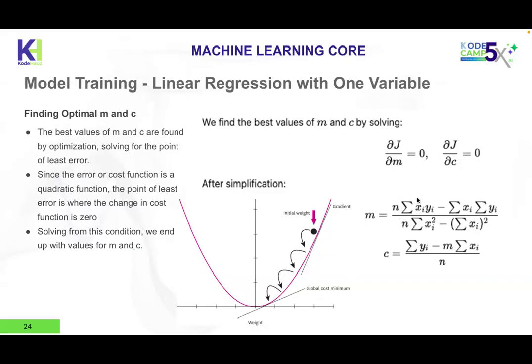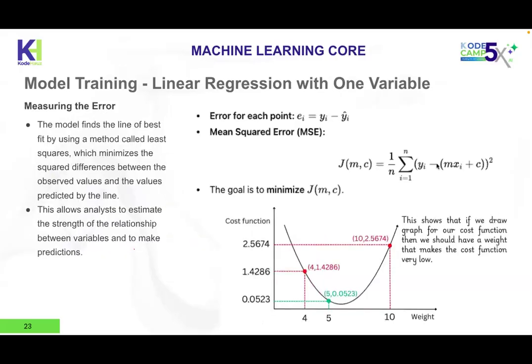We'll talk about that. So similarly, if you also take this second differential equation, where you are calculating the contribution of the C constant to the cost function, which is del J del C, and you take the derivative of this J with respect to C, you are going to get 2 into yi minus mxi minus C. That's all you get.